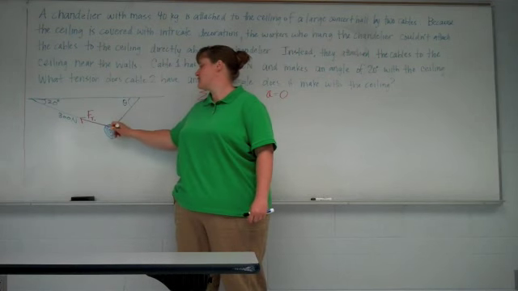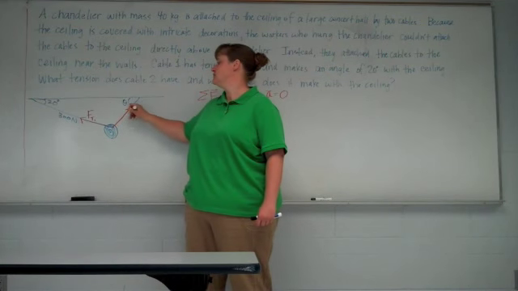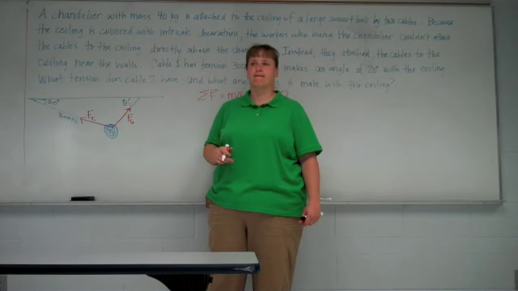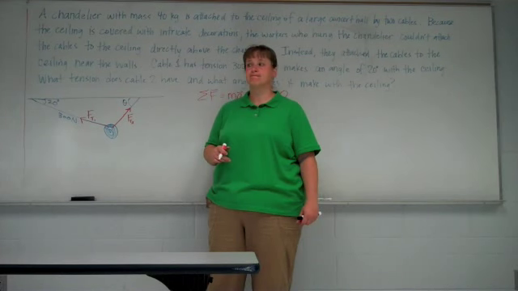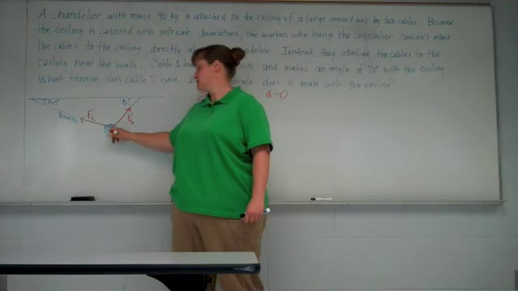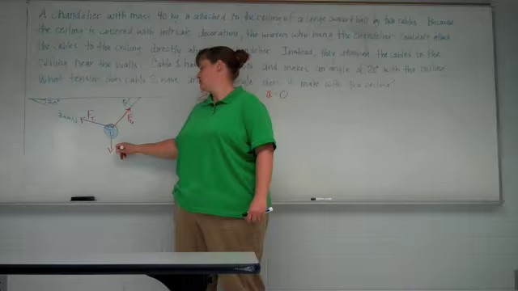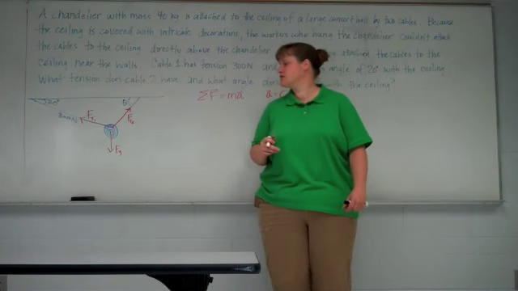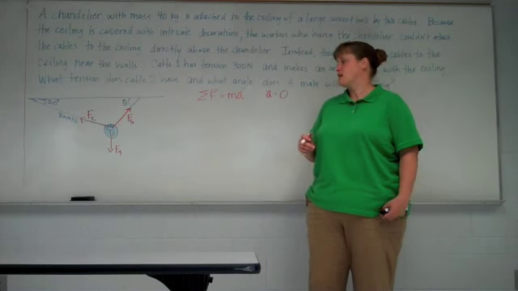And it has a force of tension from this cable. Call it force of tension 2. Is that all? Gravity. We can't get rid of gravity. So the force of gravity is pulling downwards.